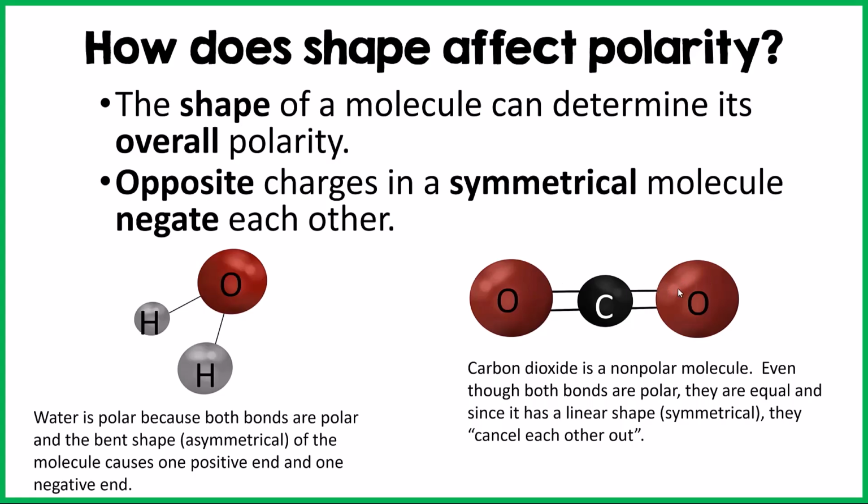And because it has a linear shape, which is symmetrical, they cancel each other out, basically. These charges are balanced. And so this overall molecule is actually going to be nonpolar even though it's made of polar bonds, because of the overall shape of the molecule.